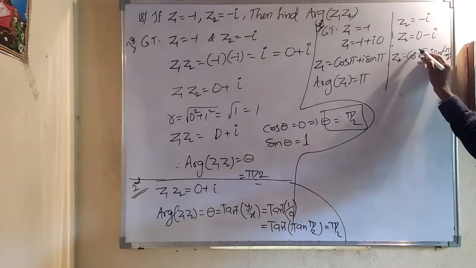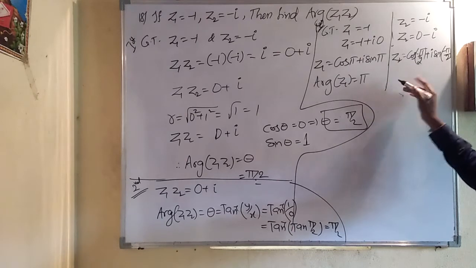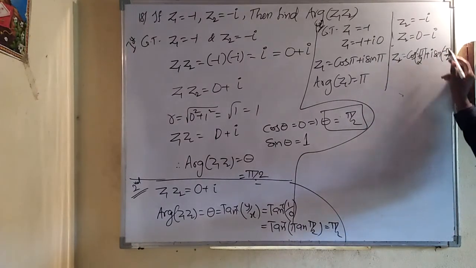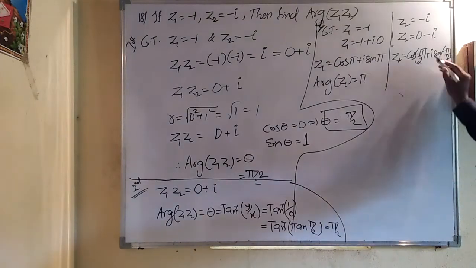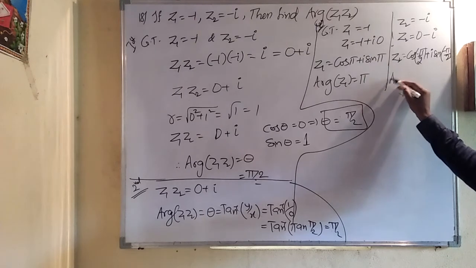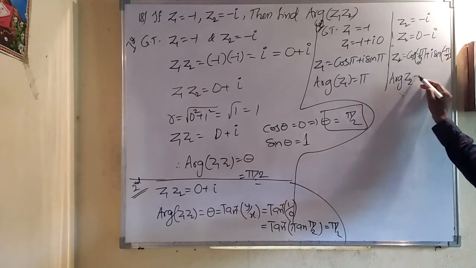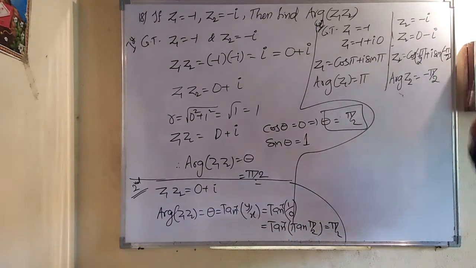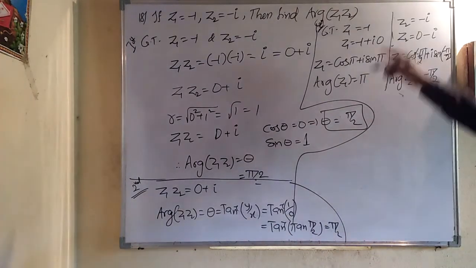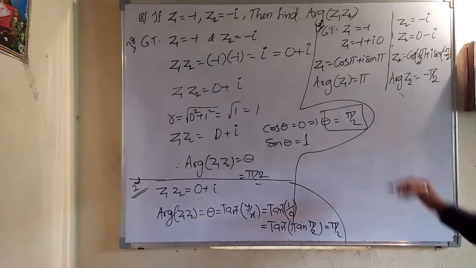So it becomes minus pi by 2. Is it clear? Cos of minus 90 is 0, sin of minus 90 is minus 1. So here what is the angle? Minus pi by 2. So argument Z2 equals minus pi by 2. So we got argument Z1 and argument Z2. We are asked for argument Z1 into Z2.